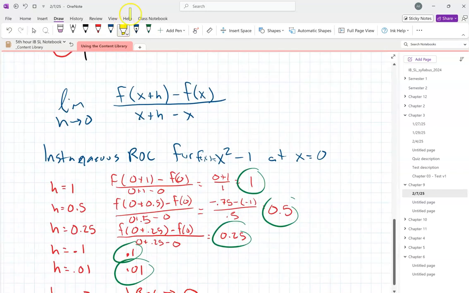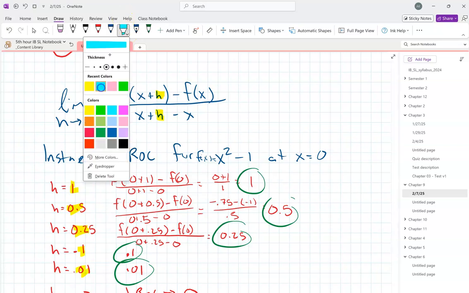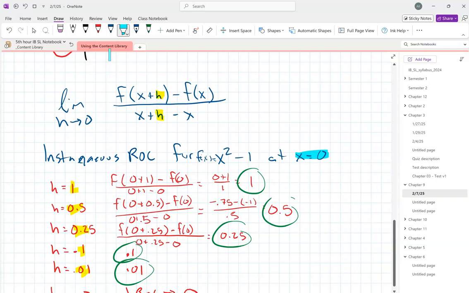So the h is going to be what's changing each time. And the x is the 0, because that's what we're looking for the instantaneous rate of change at.